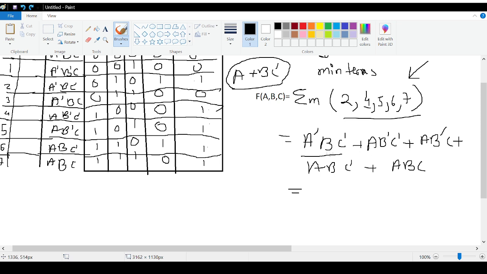Okay, so here I can see that these two terms can be taken as common, so these two terms can be reduced. And I can also see that these two terms have something in common. So these two can be taken as common. How about this term?